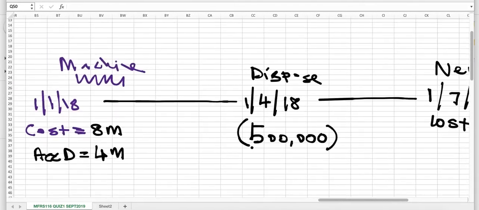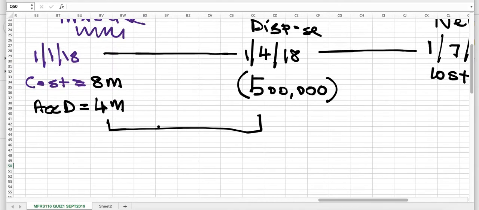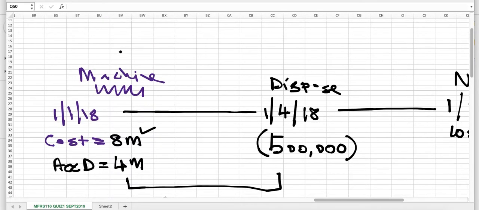Okay, so how do you calculate depreciation? So you dispose your asset on 1st April. That means during this period, the value of your asset is 8 million. So kita kira depreciation based on this 8 million. Apa tadi? 10% kan?